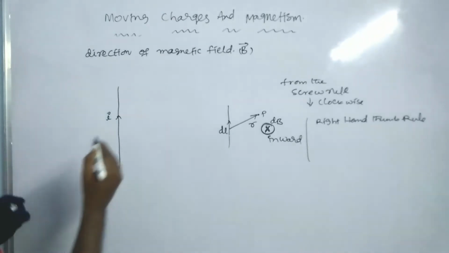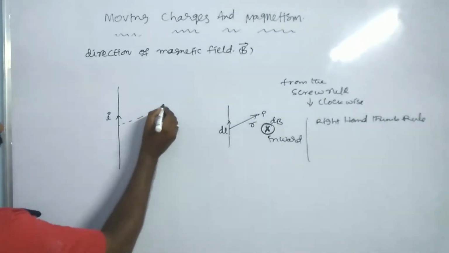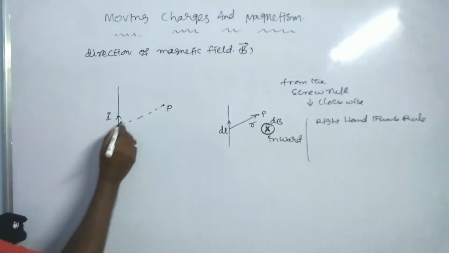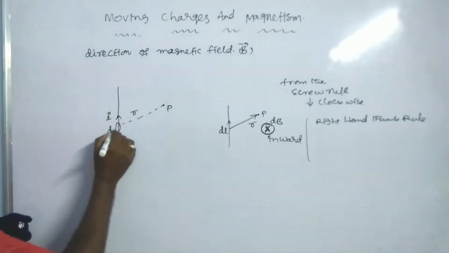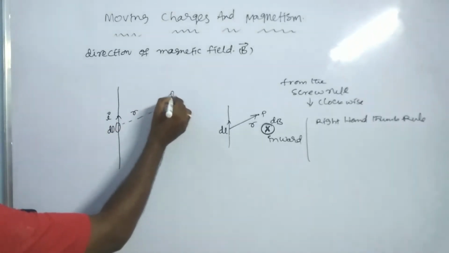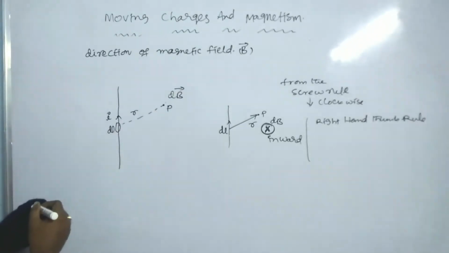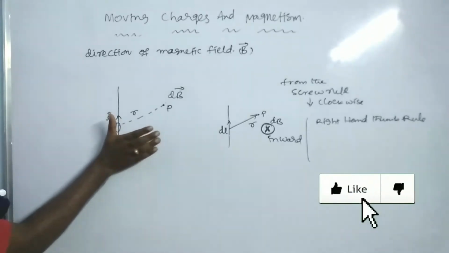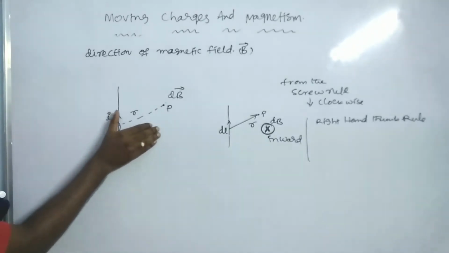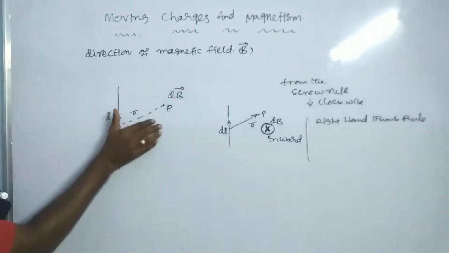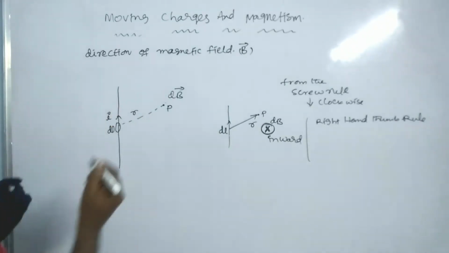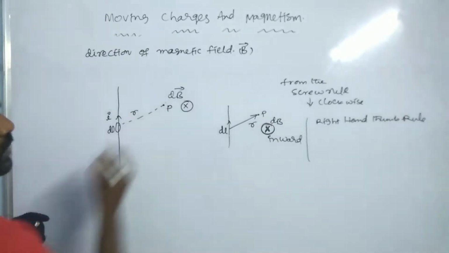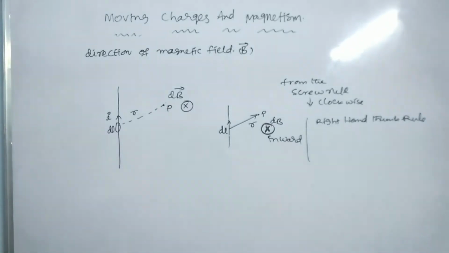Suppose here there is a point P, at this point we have to find the magnetic field dB. So when you put your thumb in this direction and your fingers are curled around the wire, then it should be inwards. So here this is the direction of the magnetic field.